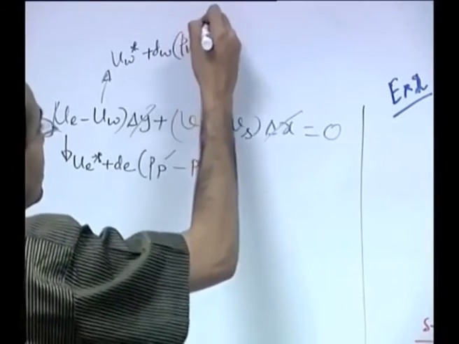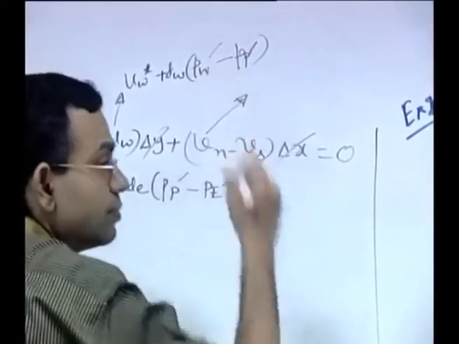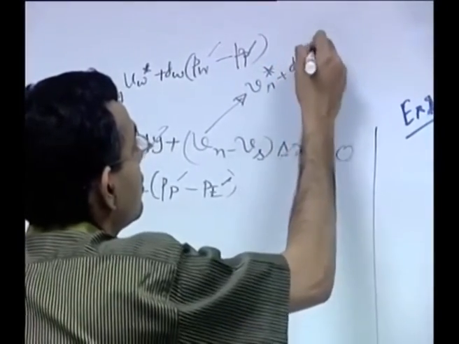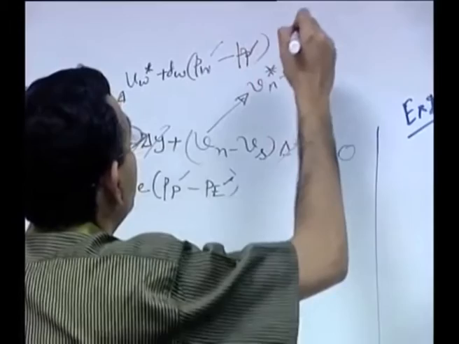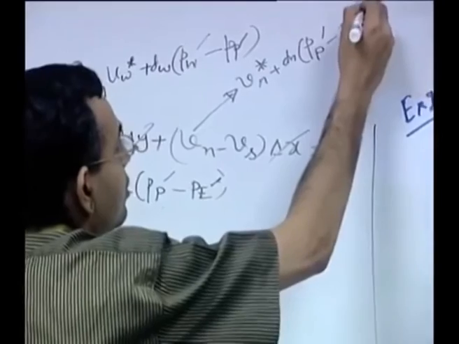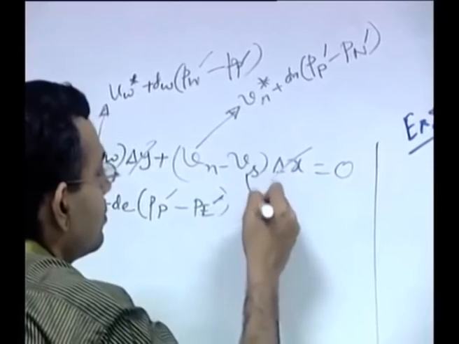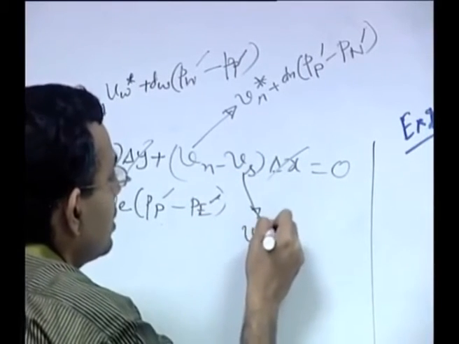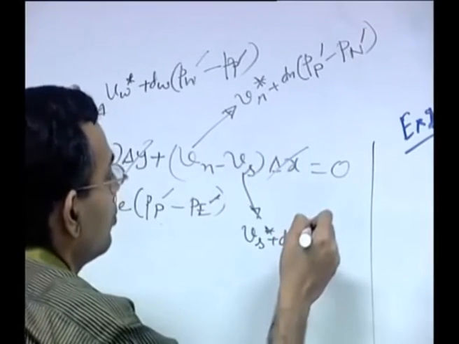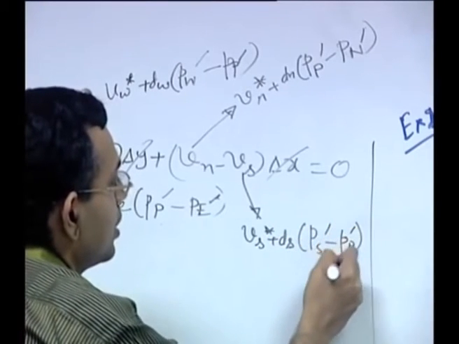Similarly, in place of Vn, Vn star plus dn into Pp dash minus Pn dash. In place of Vs, Vs star plus ds into Ps dash minus Pp dash equal to 0.